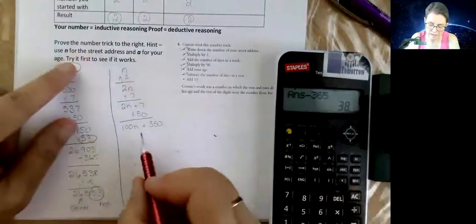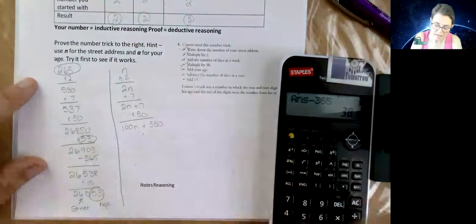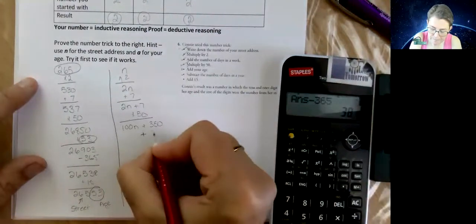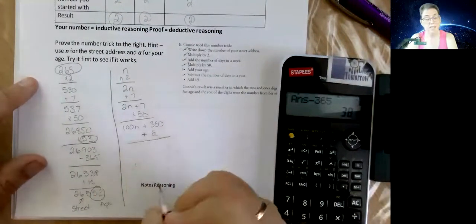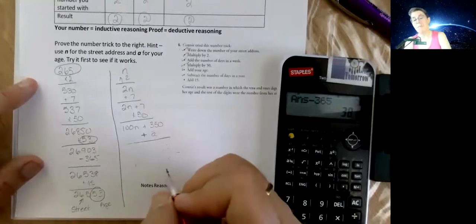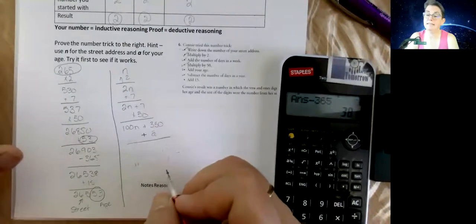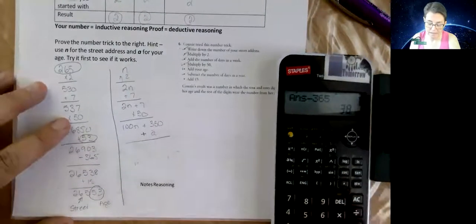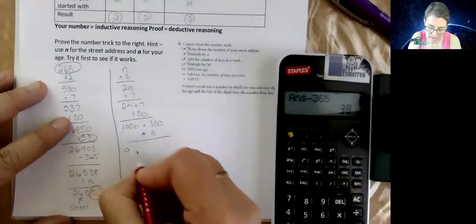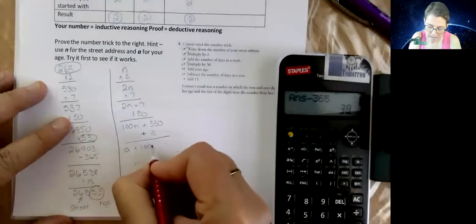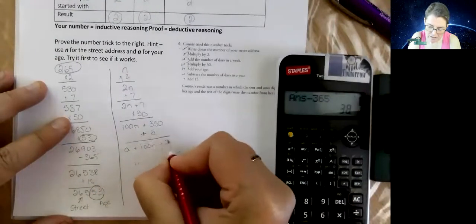All right, so we are back at the step where we multiplied by 50. Now we're going to add our age. Just the general age, not my age. Could be your age. So now we're going to get A plus 100n plus 350.